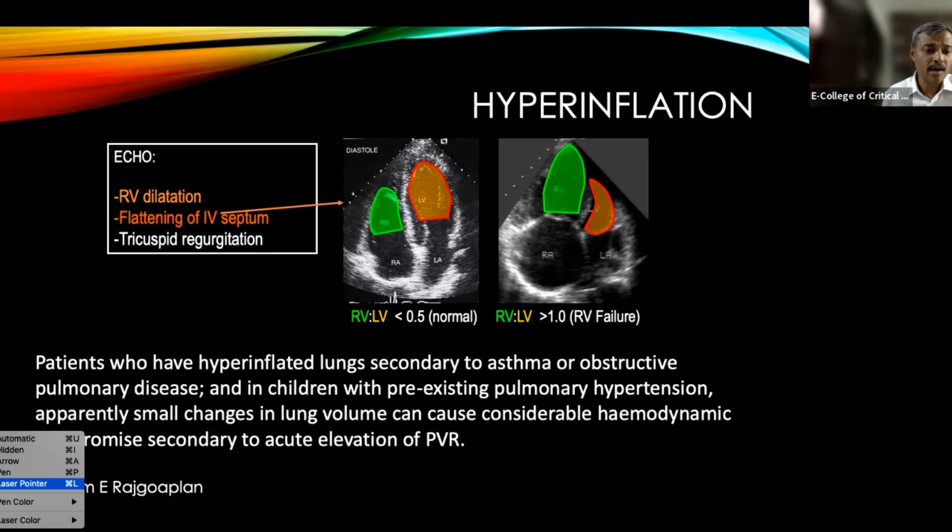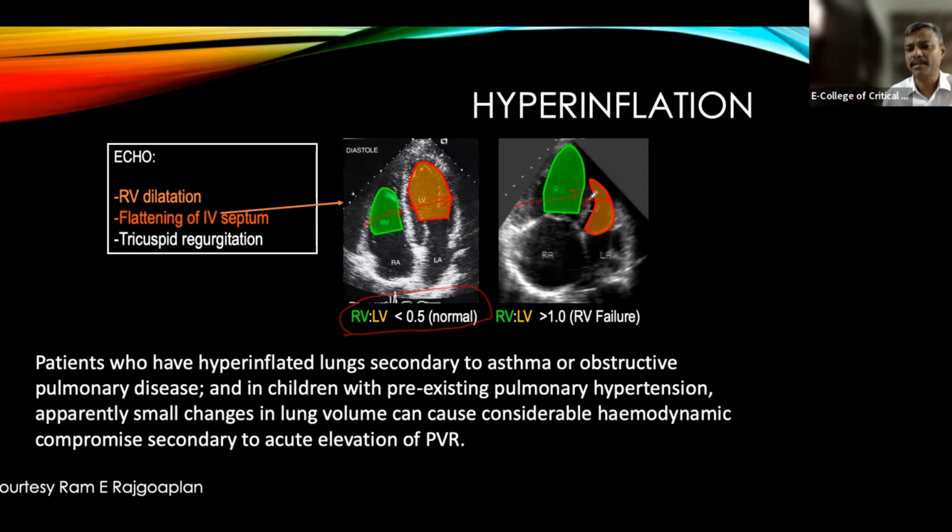The RV diameter should always be less than the LV diameter, less than 0.5, 50%. If the RV diameter is increasing gradually and is more than the LV diameter, it means there is a problem, RV failure. Very easily we can identify it.